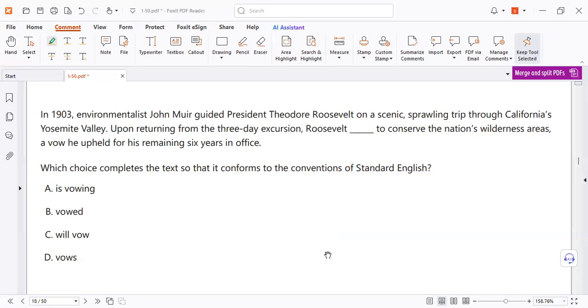Letter B. Letter D or B. Yes, letter B. So B is correct.